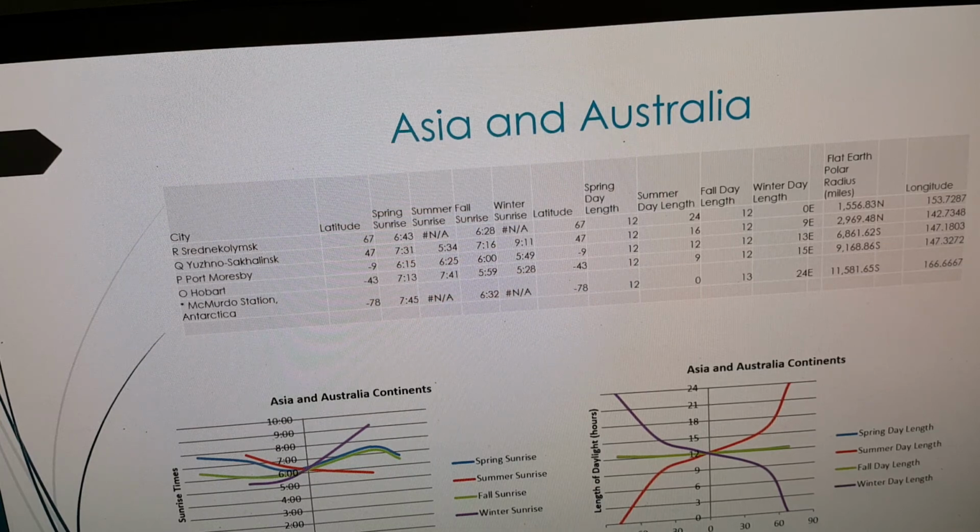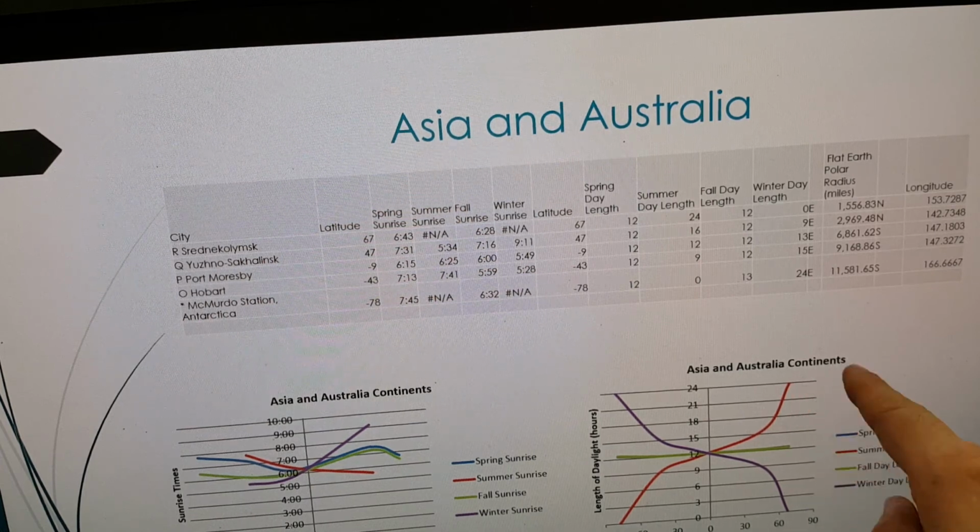So you can see at this latitude that's close to the equator, in winter the day length is 0. In summer the day length is 24. So they are opposite each other.